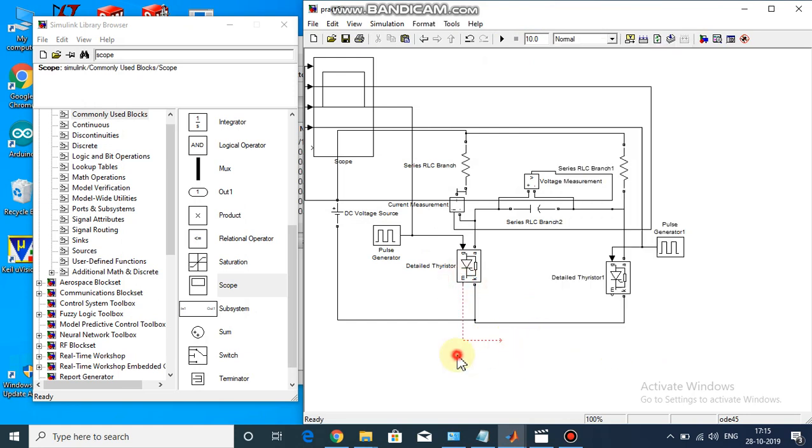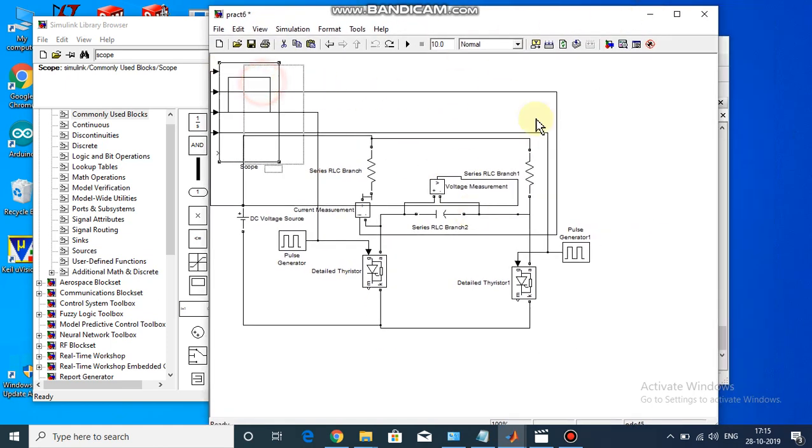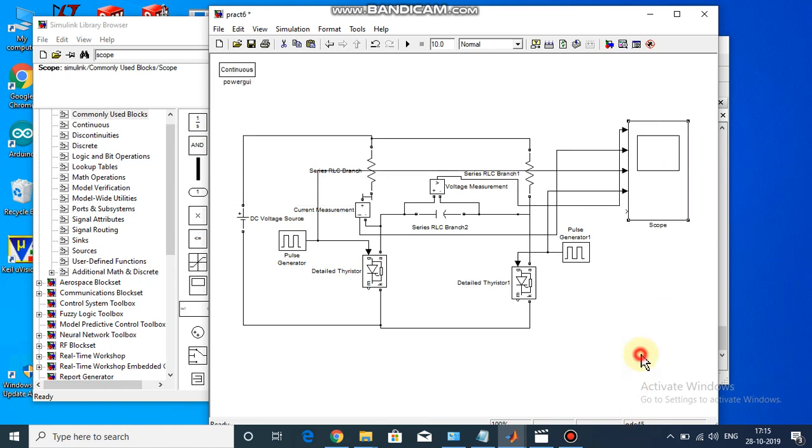What did I do? I get the oscilloscope back to its origin. So the E terminal of the SCR will give.